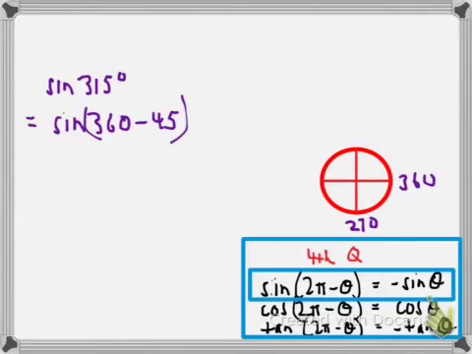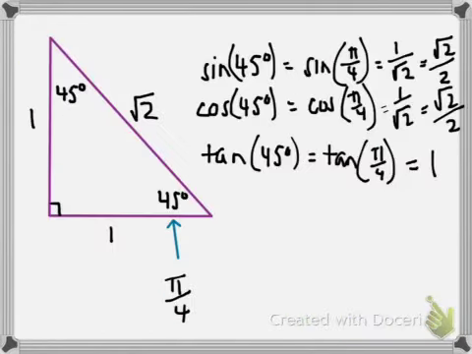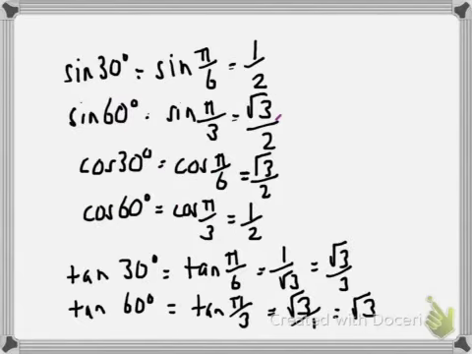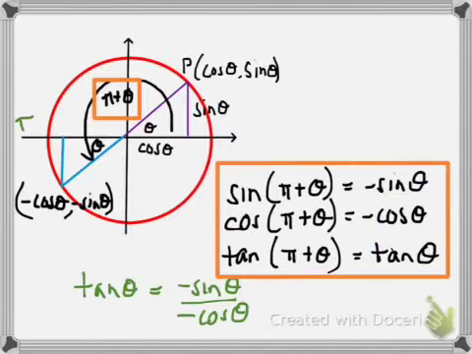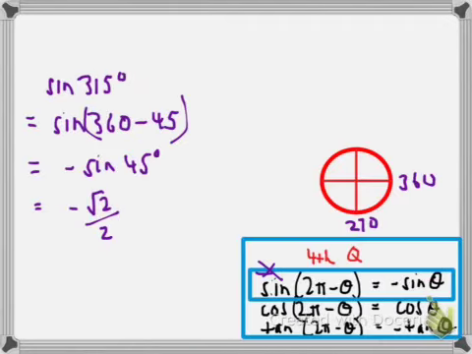Minus 45, sorry. So our rule says that sine 360 minus an angle equals negative sine of that angle. So we get equals negative sine 45, equals, remember sine 45 is root 2 on 2, negative root 2 on 2. Just on that, I'm getting all these values, remember, from here and also from here. So we're not pulling them out randomly, you can find them.